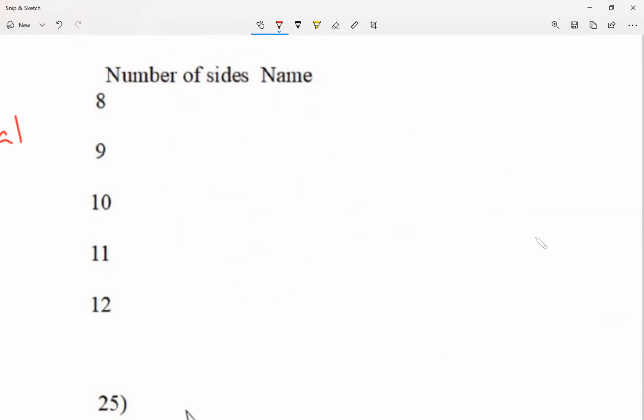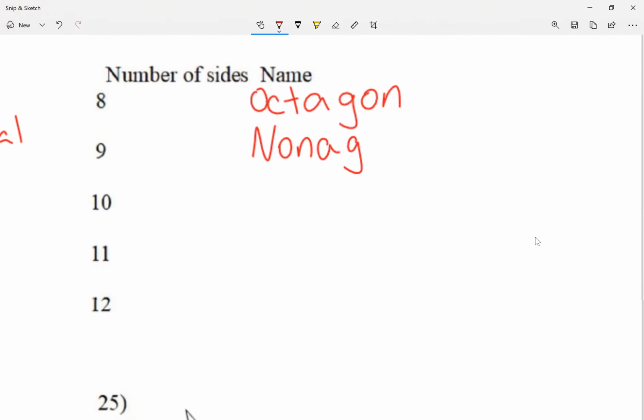Let's take a look at the number of sides. 8 sides. Some of you watch the UFC, right? It's a ring that has 8 sides. Now, 8, we usually call that octa. Because it's 8 sides, we're going to call this octagon. Interesting. Now, 9 sides, we're going to call that nonagon.